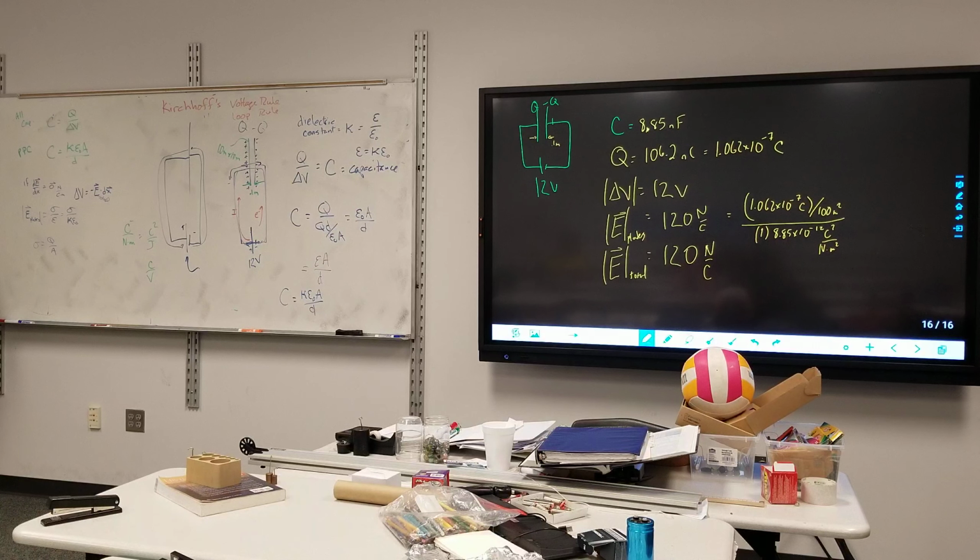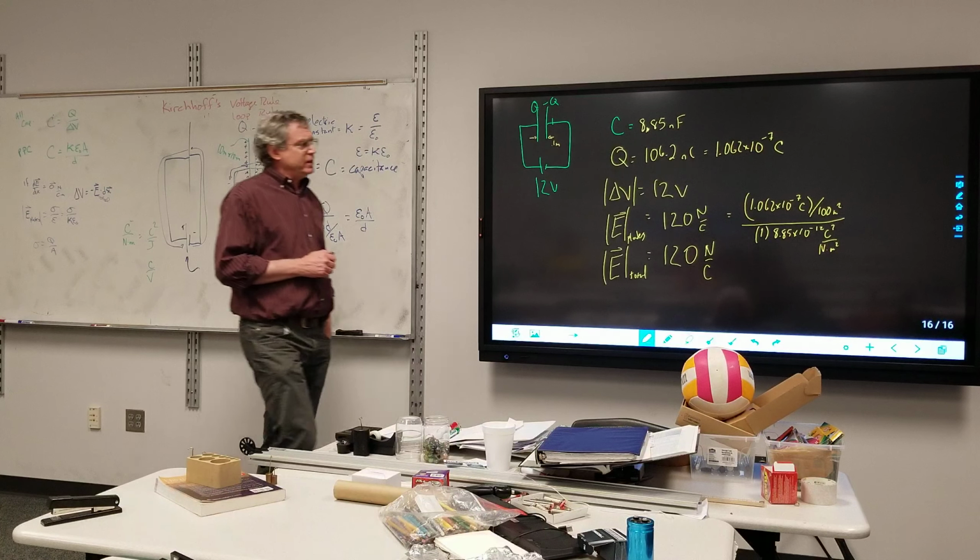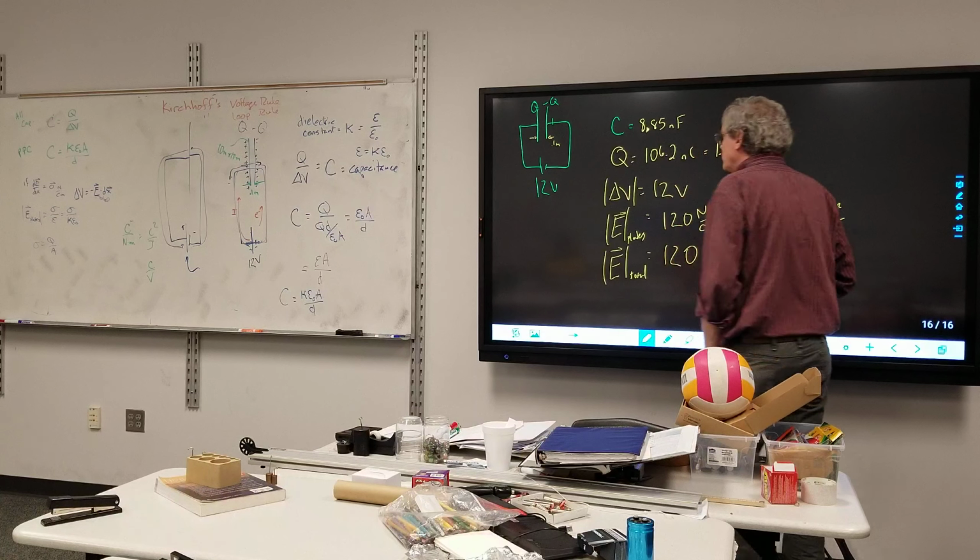But the trouble of getting really close to each other is that you don't want them touching. So the dielectric does two things. One, it throws in a kappa other than 1, and it allows the two conductors to get closer to each other without touching. All right, so if I move them closer together, what's going to change here?